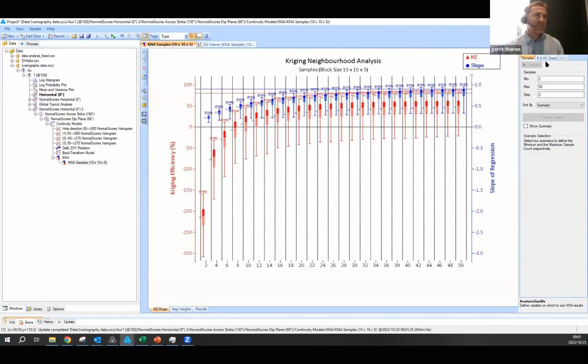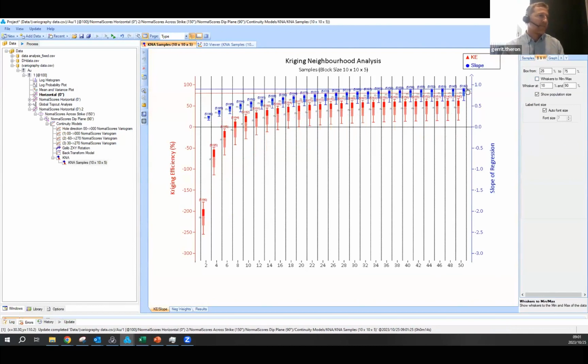Great. So there we see the same sort of thing with our kriging efficiency on the left and our slope of regression on the right. We can see it increases with increasing number of samples, and then it sort of flattens out. So we want to choose the maximum where we see a flattening in our kriging efficiency and slope of regression. So it doesn't matter if we use more samples. It's not going to really improve our kriging efficiency.